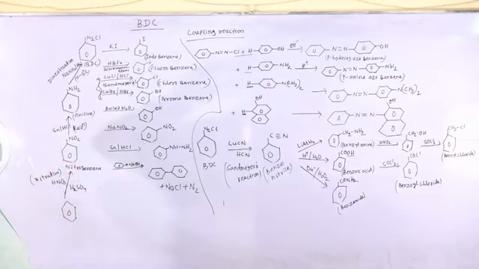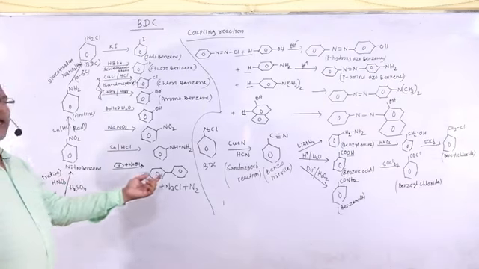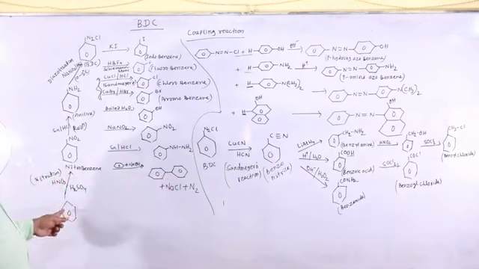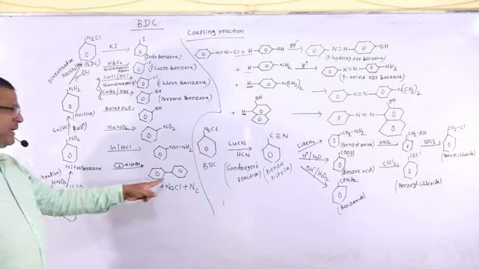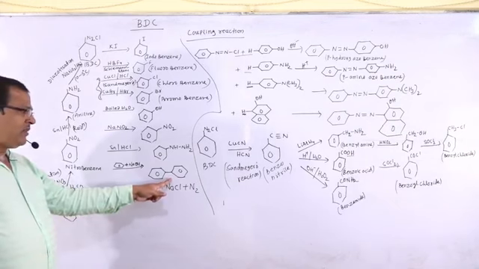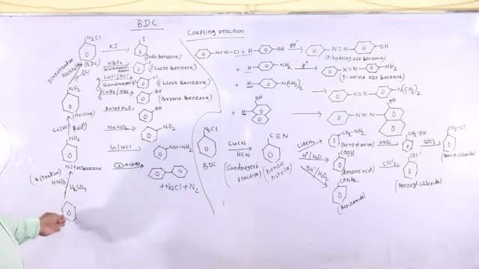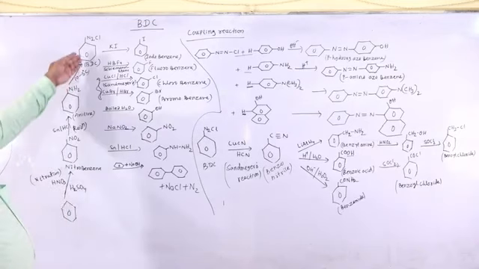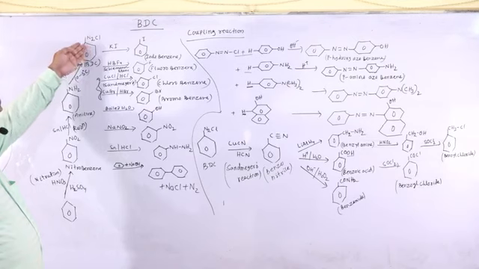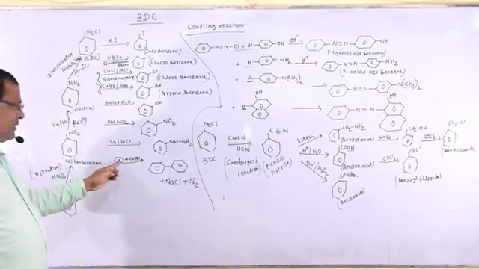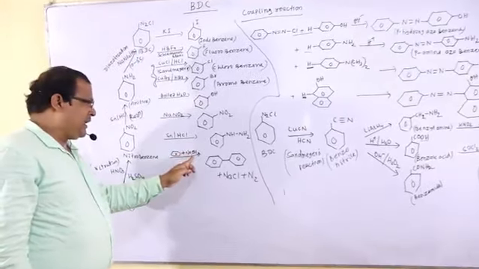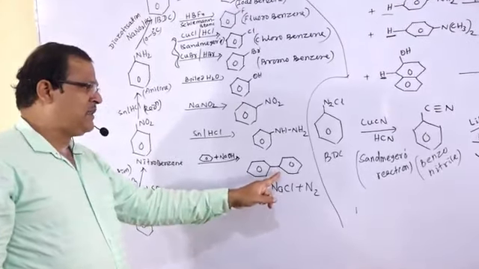Then how to convert benzene to biphenyl? What are the different steps? Same, we start from benzene and reach BDC. BDC treated with benzene and NaOH forms biphenyl.